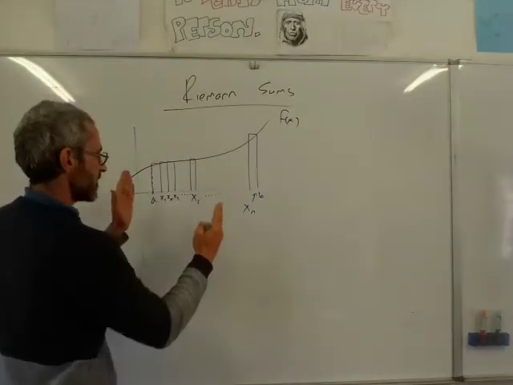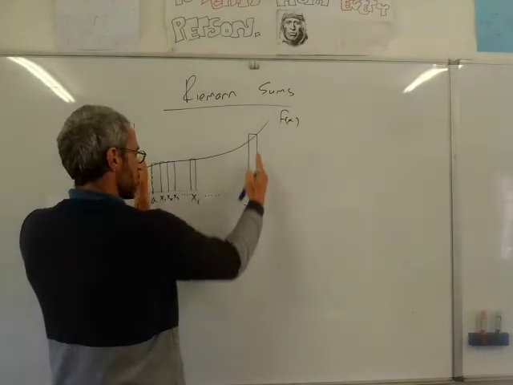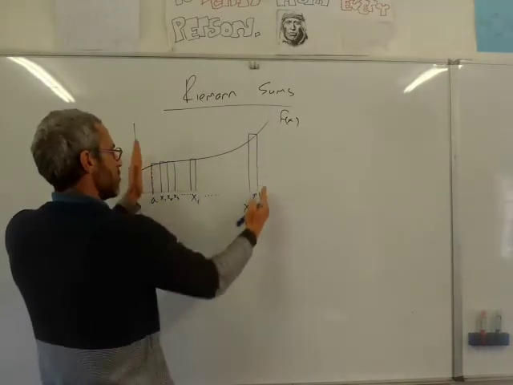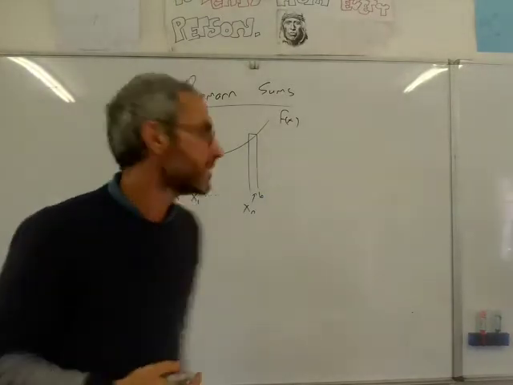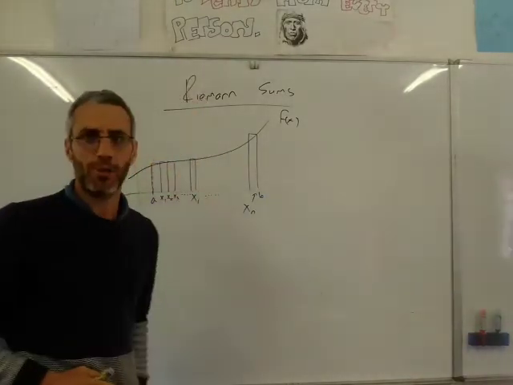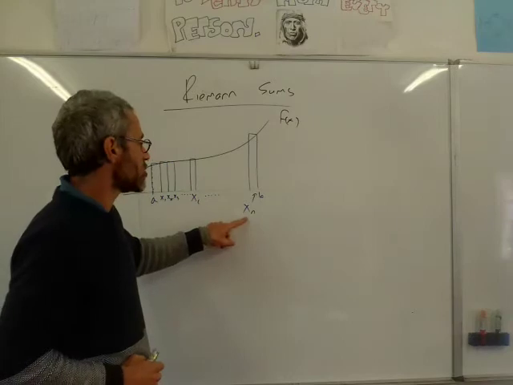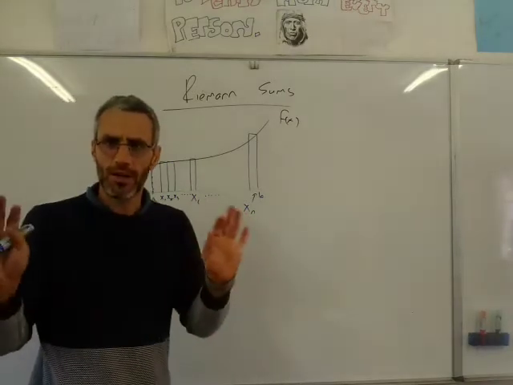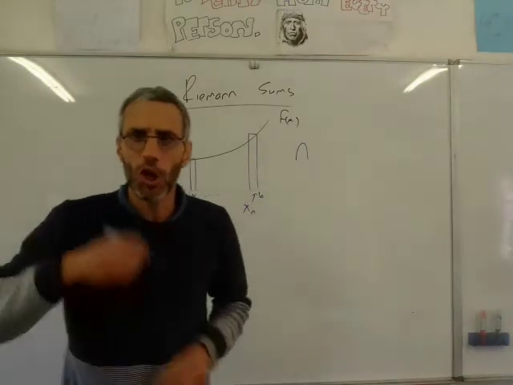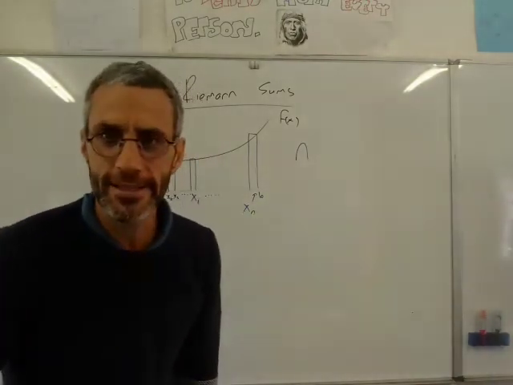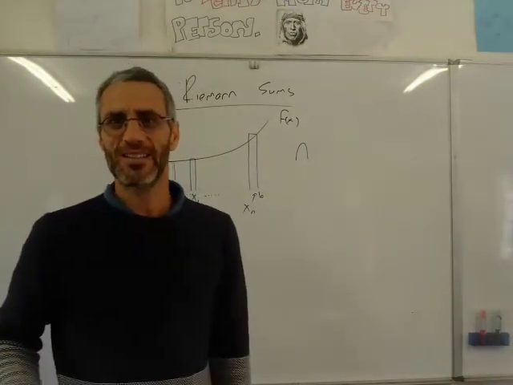And I want to find out the area between these two lines, x equals a and x equals b. And this time, because I want something a bit more accurate, I divided it into lots of blocks. I've actually used n blocks, again because I want a general formula. And obviously, the larger n is, the more accurate I'm going to get the area.